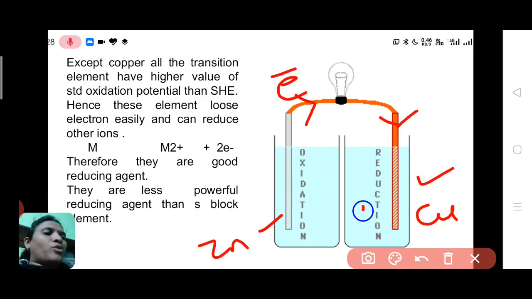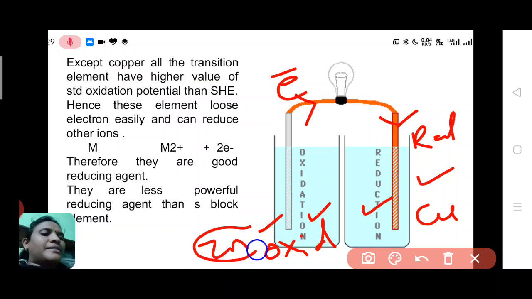So copper is showing reduction and zinc is showing oxidation because it is losing electrons. Copper has reduction potential, and zinc has oxidation potential.